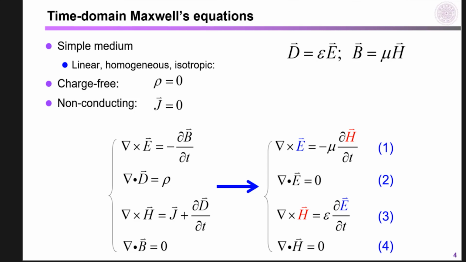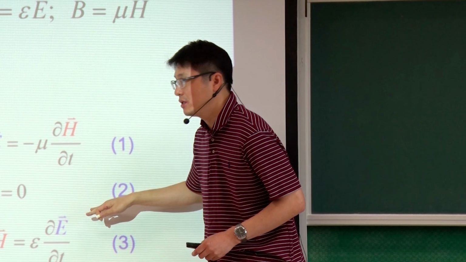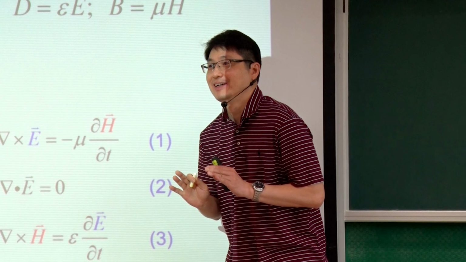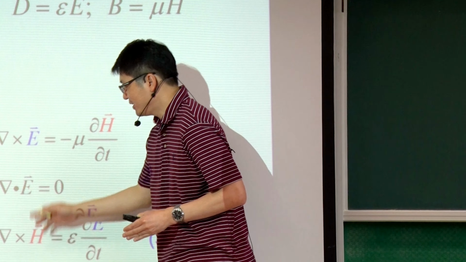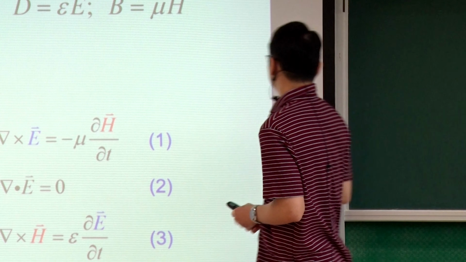So at this point, let me rewrite two equations for you. I'm going to copy these two equations because eventually these two equations are not telling you any information, right? Divergence of E, divergence of H is equal to 0, nothing to be solved.